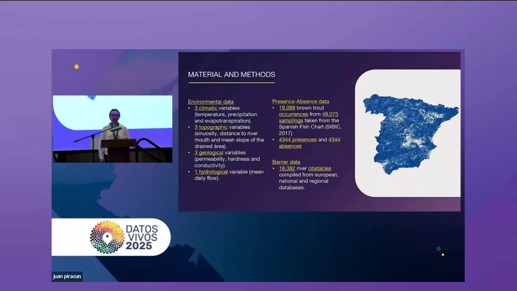With this data, we were able to extract 4,344 presence data associated to river segments, and the same amount of absences also associated to river segments. We also extracted barrier data from the European database from the AMBER project, which has already been talked about, and national and regional databases, which were also incorporated later into the hydrological river network.